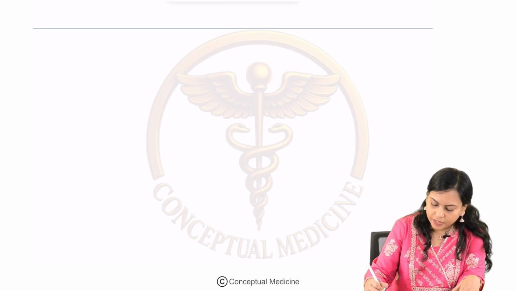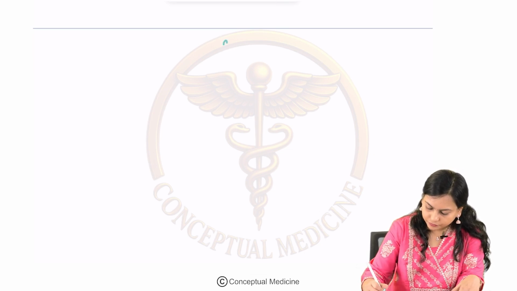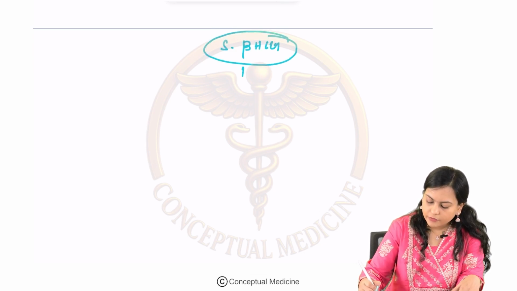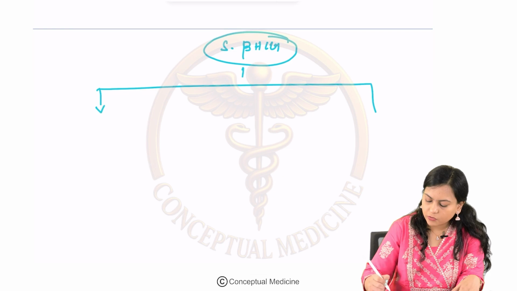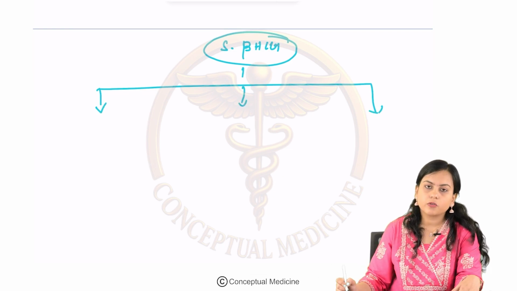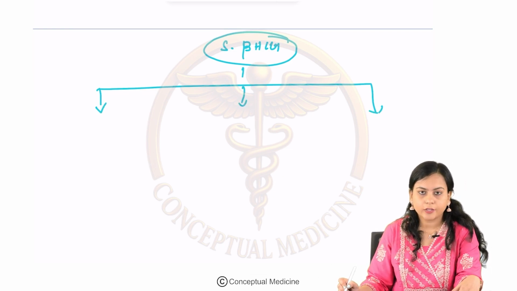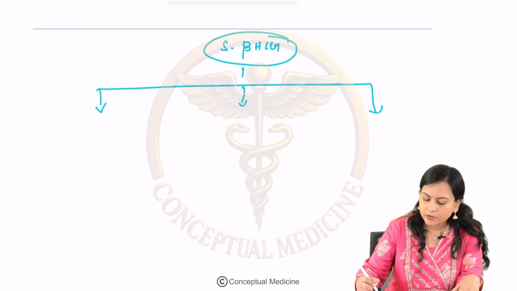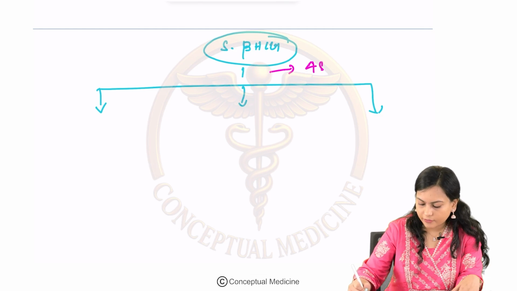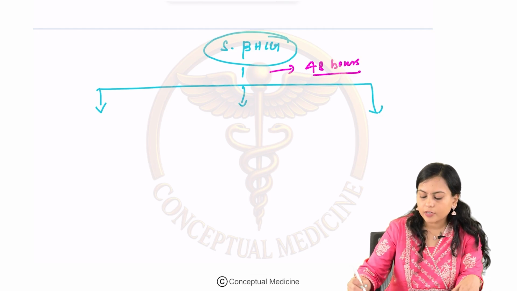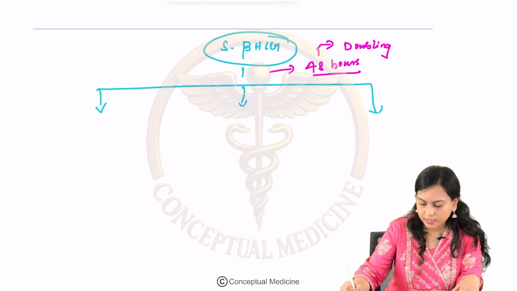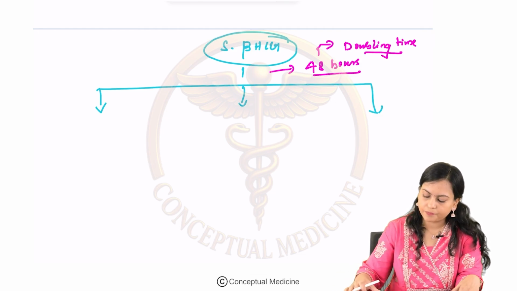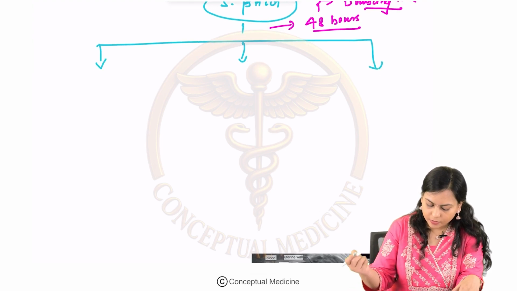And remember, with serum beta HCG, we can also rule out if there is a doubt whether it is an ectopic pregnancy or a normal intrauterine pregnancy. What you can do is repeat the serum beta HCG after 48 hours, because this 48 hours is the doubling time of beta HCG, right? So there can be three possibilities.